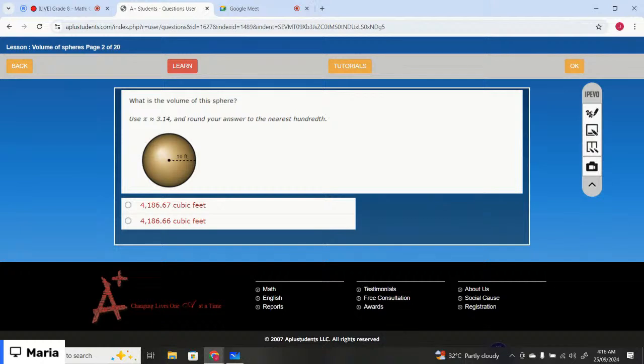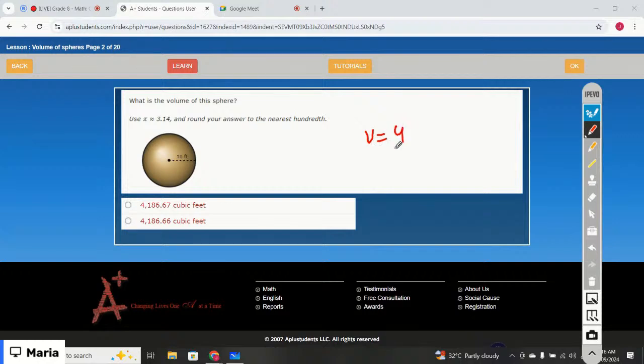What is the volume of the sphere? So you have to use the same formula, that is V equals 4 by 3 pi r cube. So which is the correct option? That is 4 by 3 pi is 3.14 and r is 10 cube.